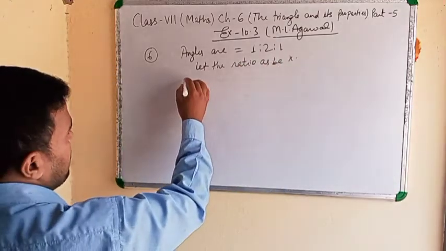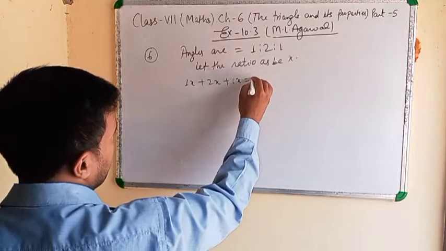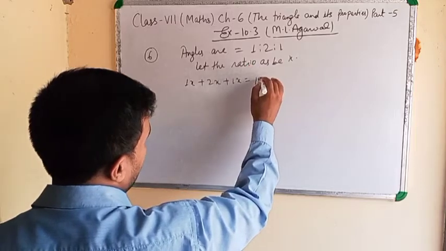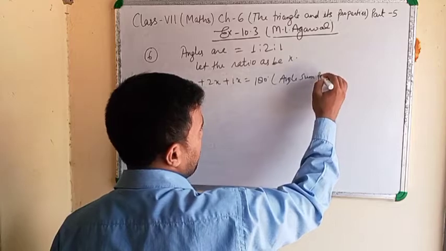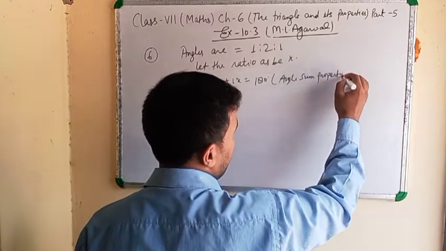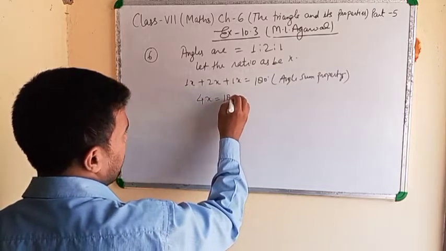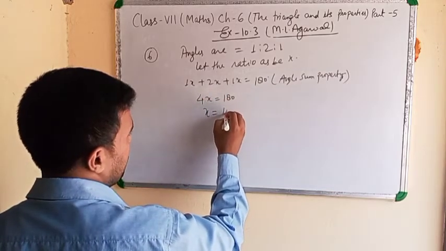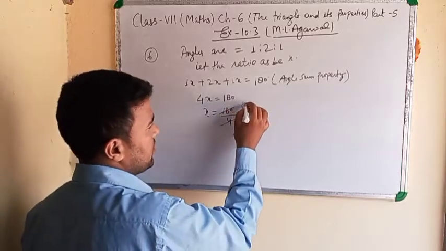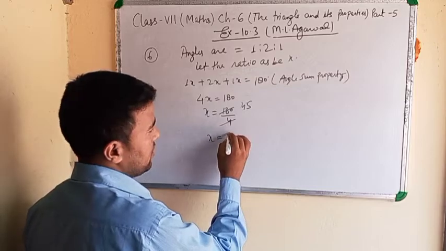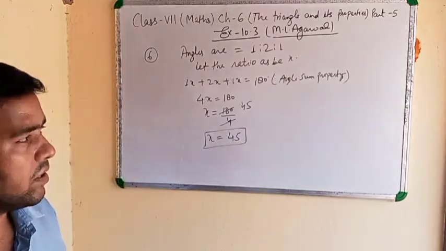So 1x plus 2x plus 1x equals 180, by the angle sum property. Means 4x equals 180, then x equals 180 by 4. 4 fours are 16, 4 fives are 20, so x equals 45.